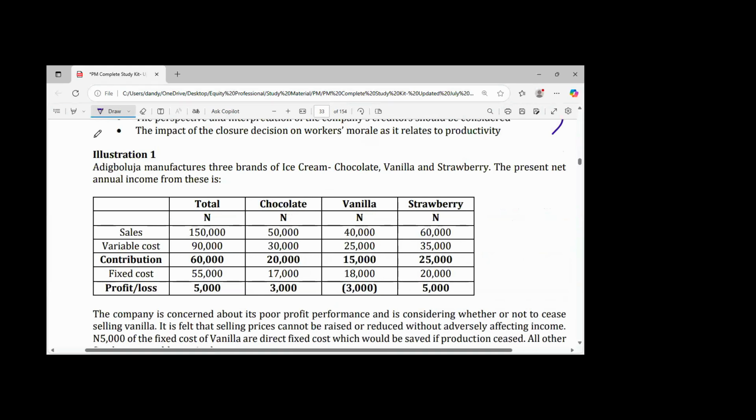I need somebody to read first, please. Adigoluja, go ahead. Adigoluja manufactures 3 brands of ice cream: chocolate, vanilla, and strawberry. I can barely hear you, your voice is breaking.